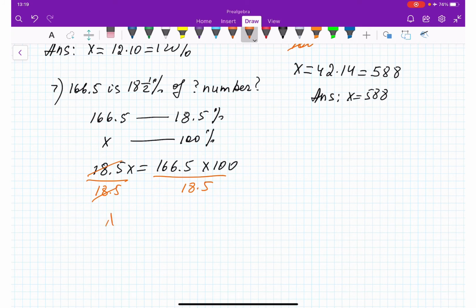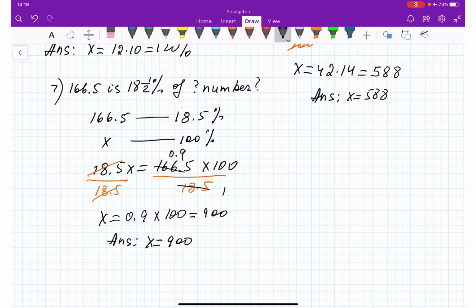So x is equal to 0.9 times 100, and we are going to get 900. And the answer is x is equal to 900.